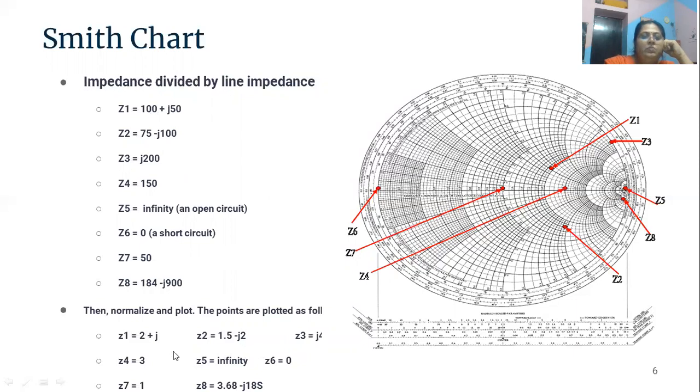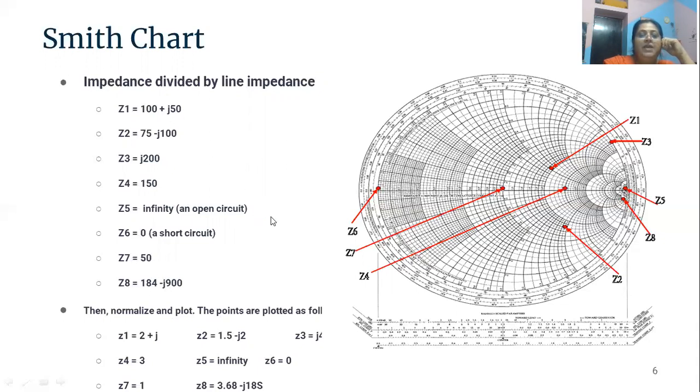In this way, the given impedances are calculated in terms of normalized impedances, and then we plot these values on the Smith chart. We considered various values of impedances and normalized them because the chart does not accommodate all values.